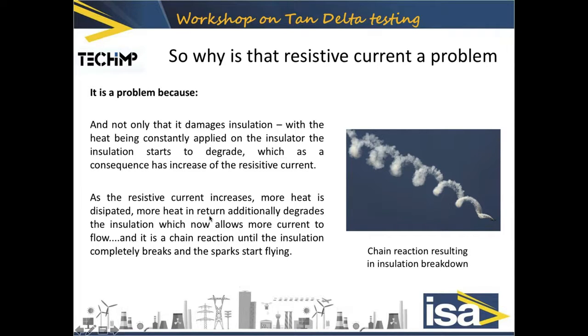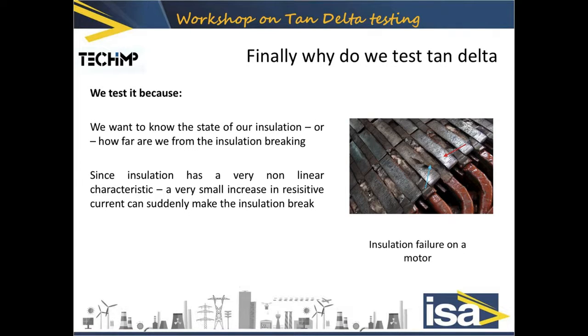More heat in return additionally degrades the insulation, which now allows more current to flow, and as you can see, it's a chain reaction which will keep going until the insulation totally and completely fails. So in order to predict this type of breakdown, we are going to measure tan delta. So hopefully we have answered the question, why are we measuring?